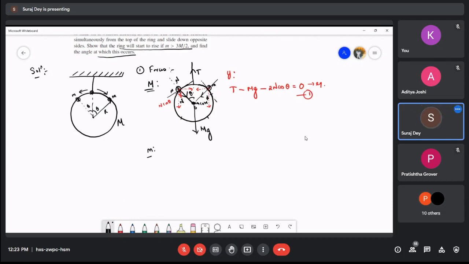And we can write the same for the smaller masses. Since the two masses are completely symmetric, we can focus on only one of them. So let's look at this one, for example. Now, the small mass exerts a normal force onto the ring along the center, and because of the equal and opposite reaction, we'll have a normal force that acts on this mass along the opposite direction.